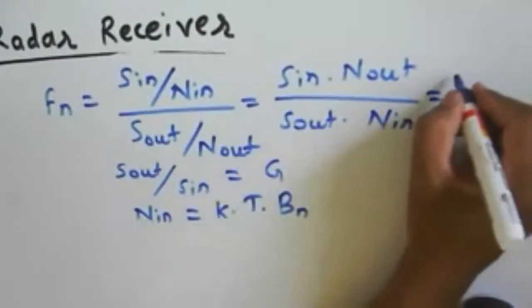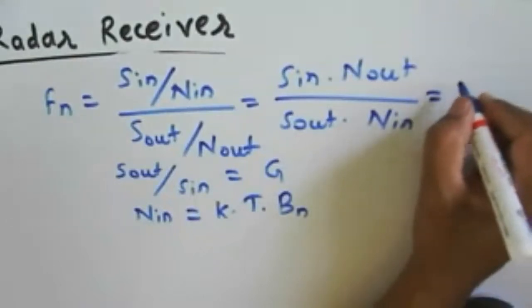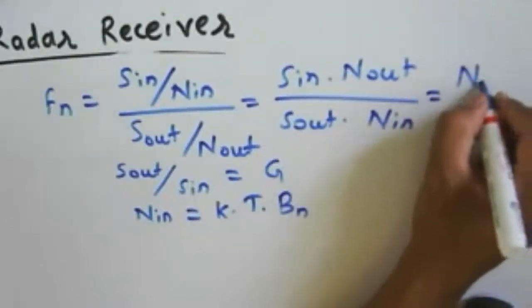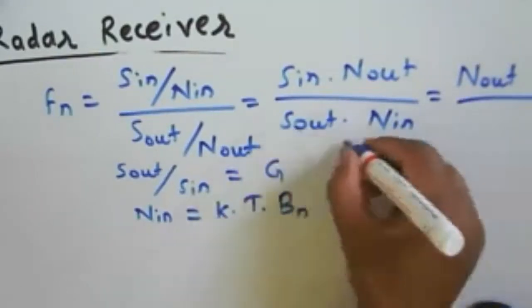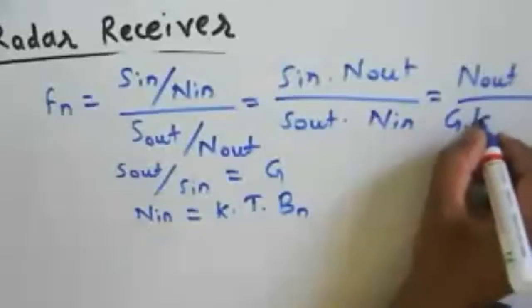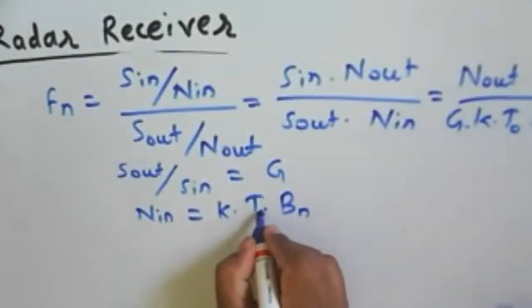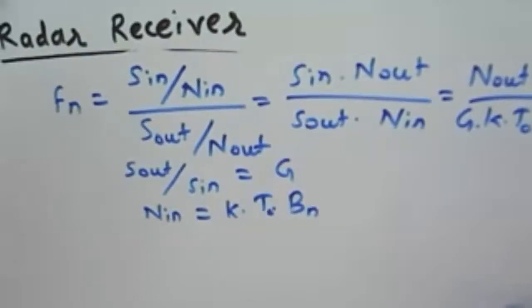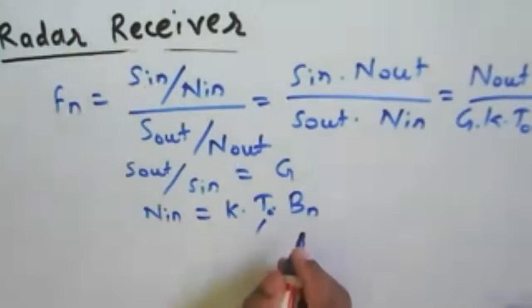N out will be the output noise available divided by S out by S in, that is G, here k, T, and Bn. In general, we take T0, the available temperature, at 290 degrees Kelvin.